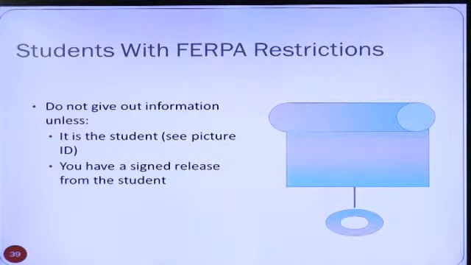Basically, if the student comes in with a picture ID, fine, you can release information to the student, and you have to have a signed release if it's someone else. If a parent or someone comes in, as long as you have a signed release stating that information can be released to that person, that's fine. That's how you get around the FERPA restriction, by making sure that we have permission to release information.